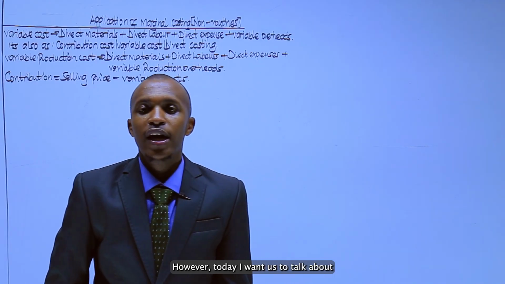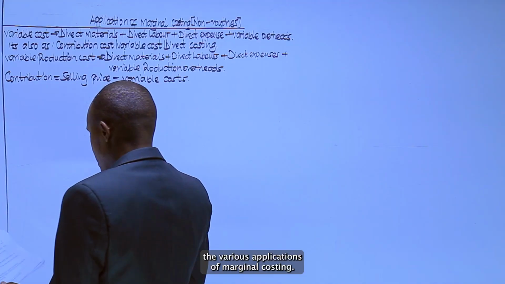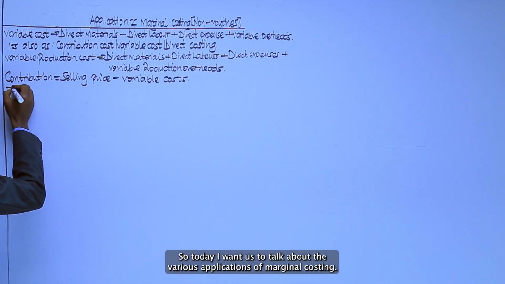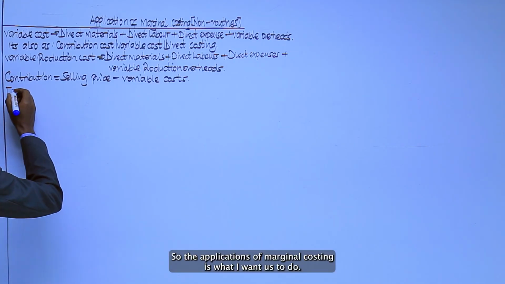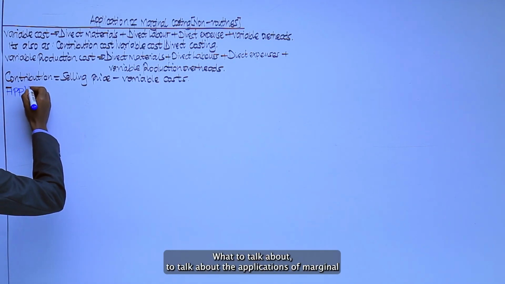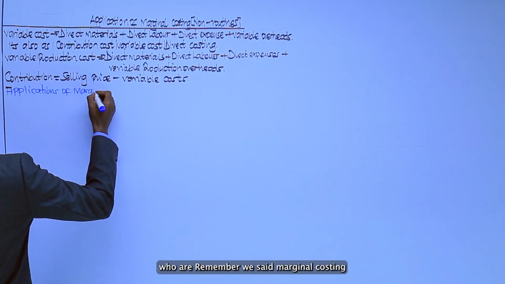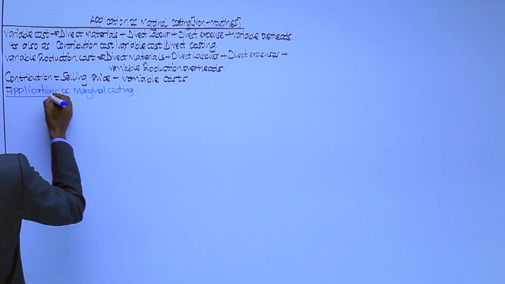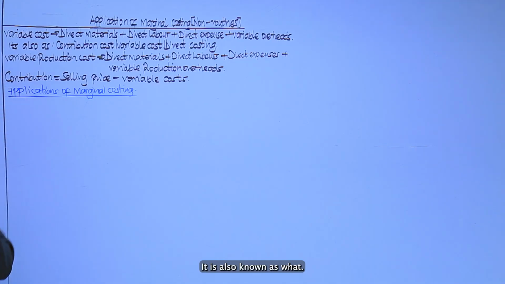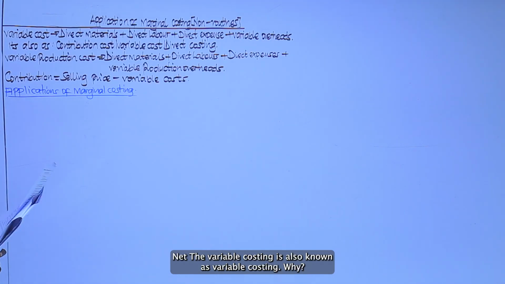However, today I want us to talk about the various applications of marginal costing. Remember, we've said marginal costing is also known as direct costing, contribution costing, and variable costing.